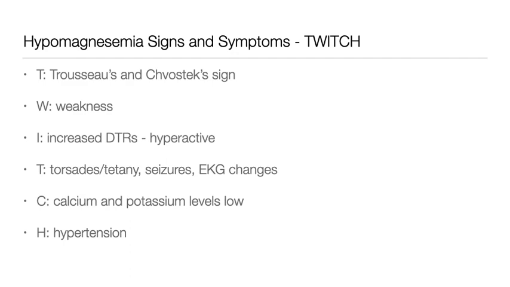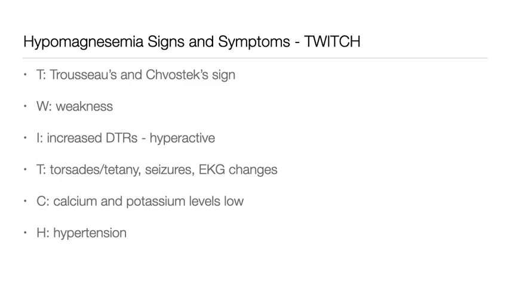The signs and symptoms we want to look out for are TWITCH. That's our acronym. So another positive Trousseau and Chvostek sign. So that's calcium and magnesium that are related to these two. This is going to be the blood pressure cuff and the tapping on the masseter, the muscle, cranial nerve 7.